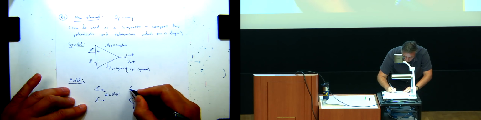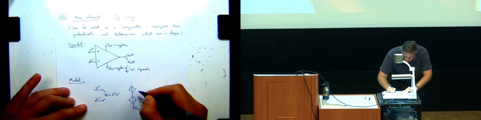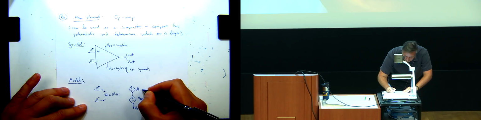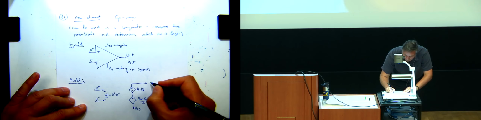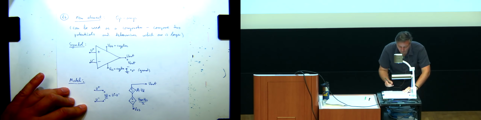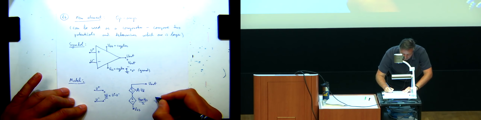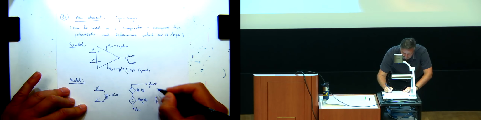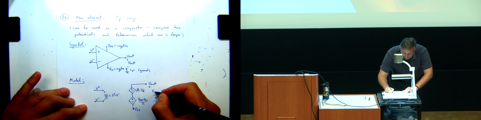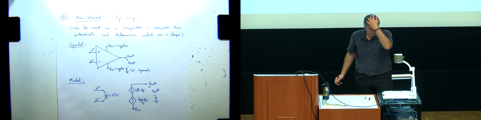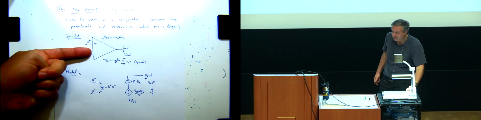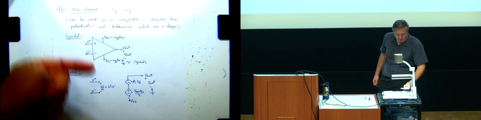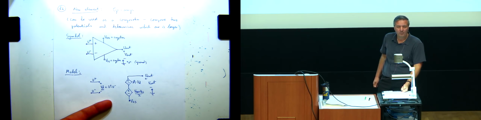I'm going to add another one of these. This one will be A times VD. Remember, VD is this over here. And then I have my U out. Of course, I want this ground present in the circuit so that the difference between the ground and U out is V out.